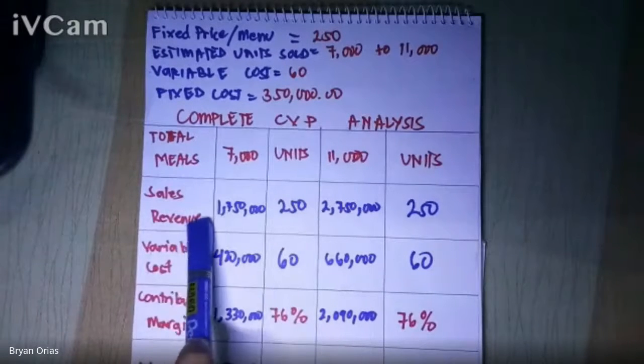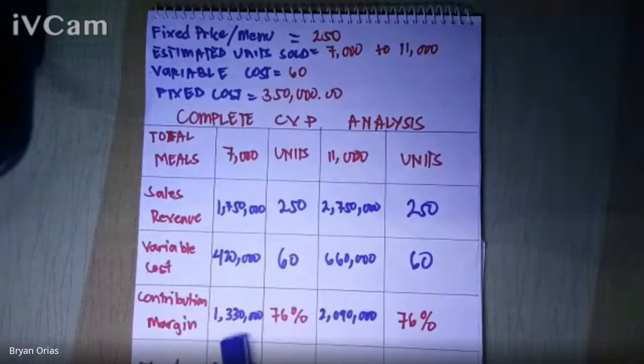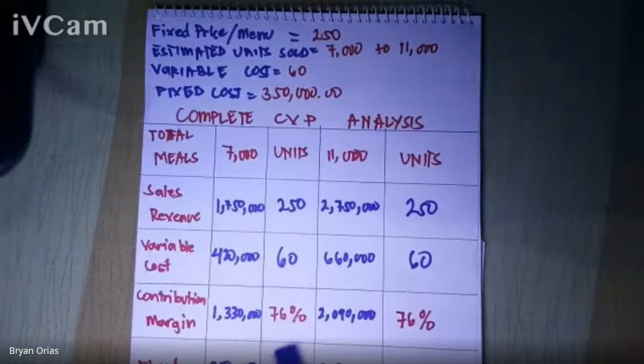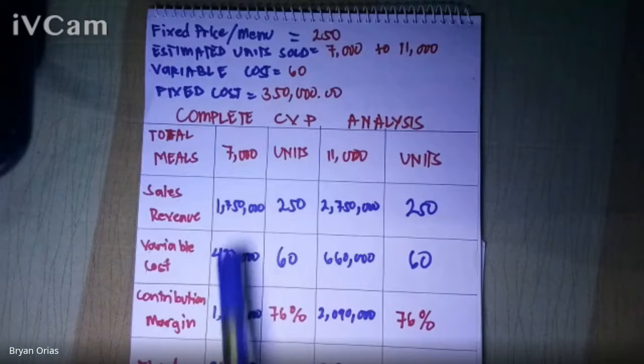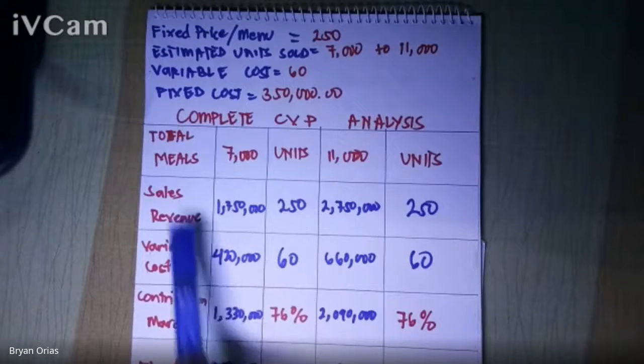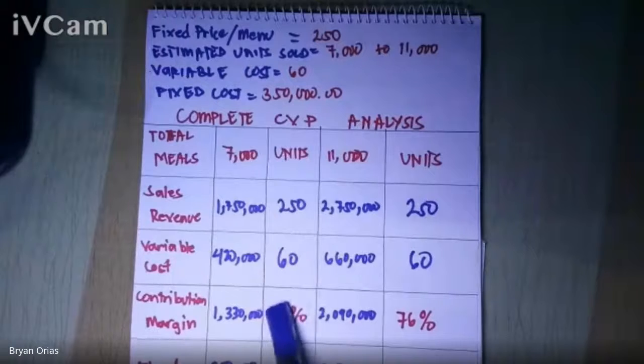So 1.750 million minus 420,000, you will get 1,330,000. Para makuha natin yung contribution margin ratio, i-divide natin si contribution margin by sales revenue. The formula is CM divided by SR multiplied by 100, you will get 76%.